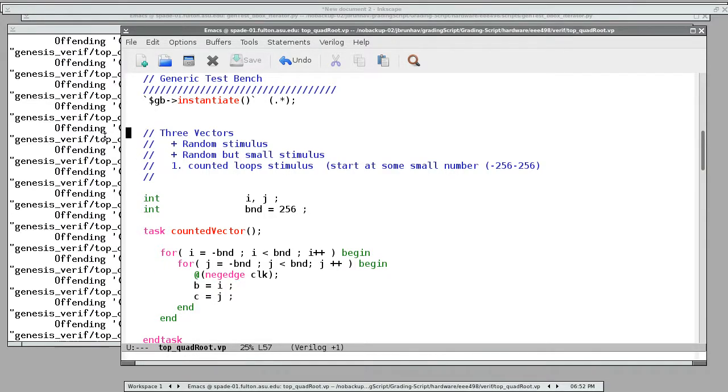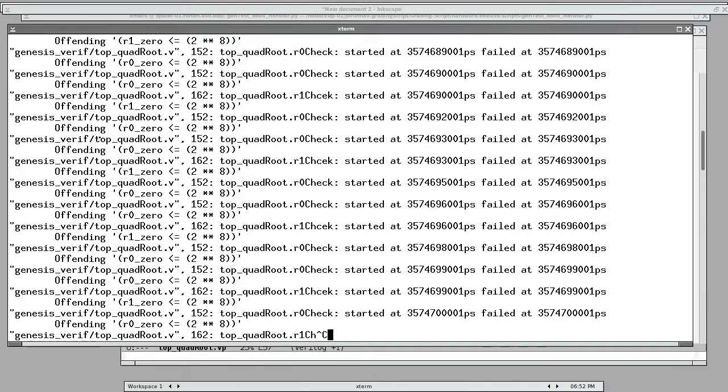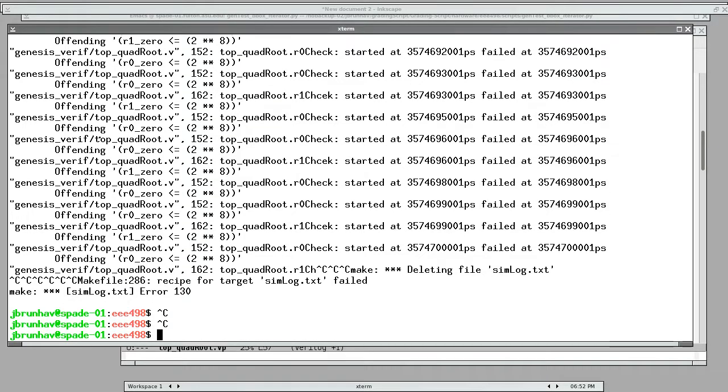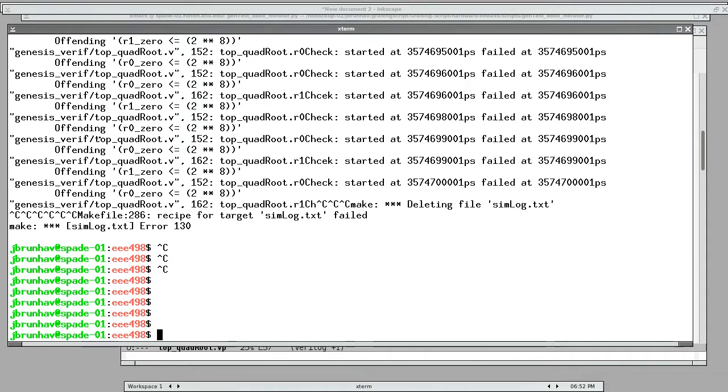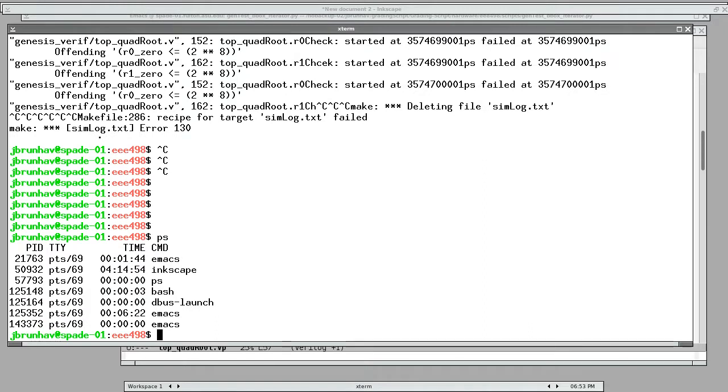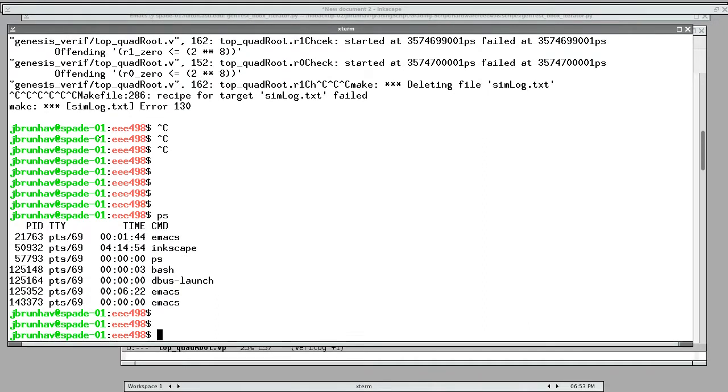So I was hoping it would end on its own, so we're going to kill it. The way you kill it is by holding Control-C down a lot, and then be paranoid because it's probably still running.